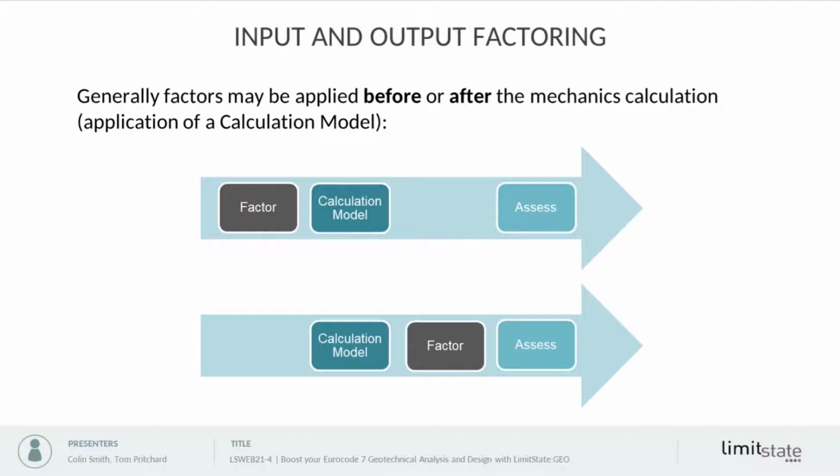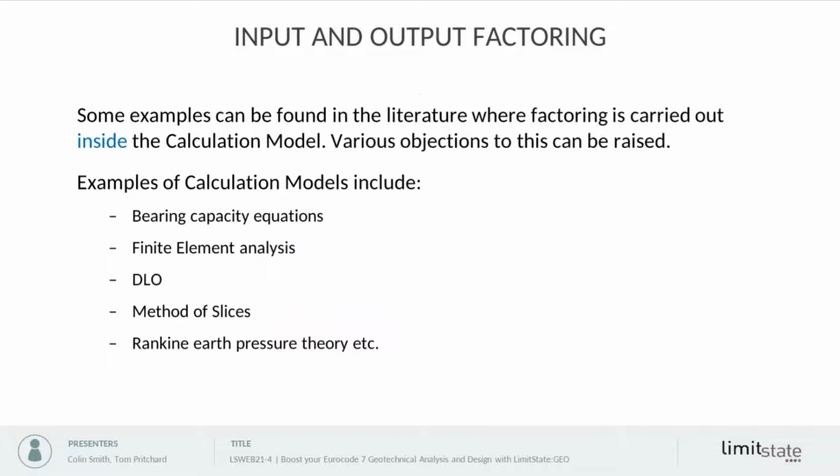Or we run our model, apply factors to the results, and again, we assess our result. And there are some examples in the literature where you might see factoring carried out inside the calculation model. There are various theoretical objections to this.